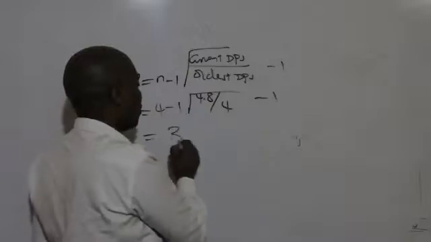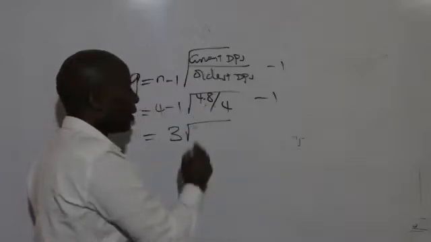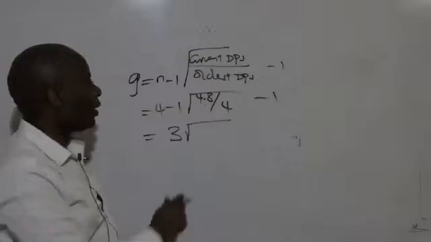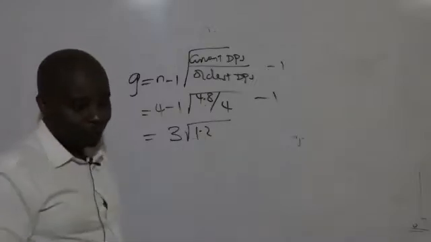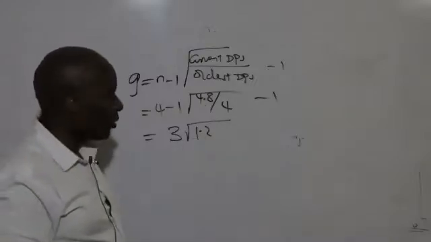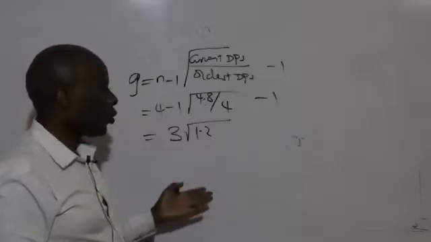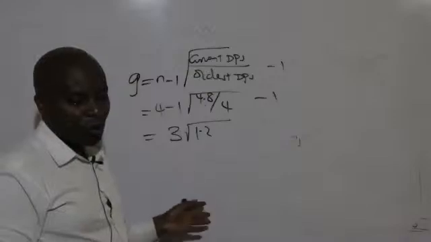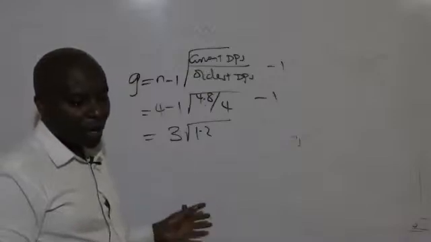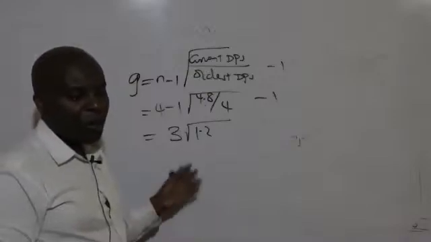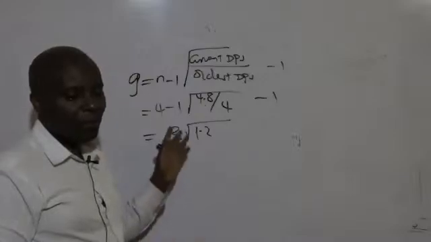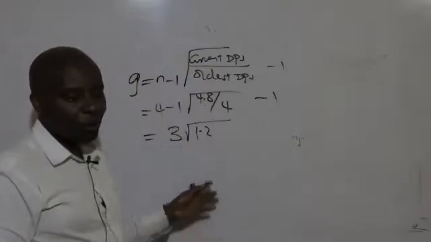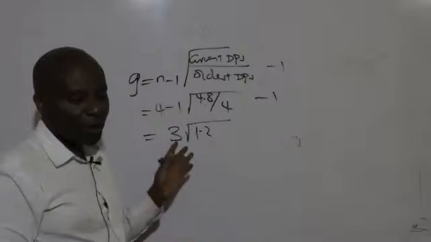So then this will be the cube root of 4.8 divided by 4, which must be 1.2. So cube root of 1.2. What do we have there? Whatever we get, we subtract 1.